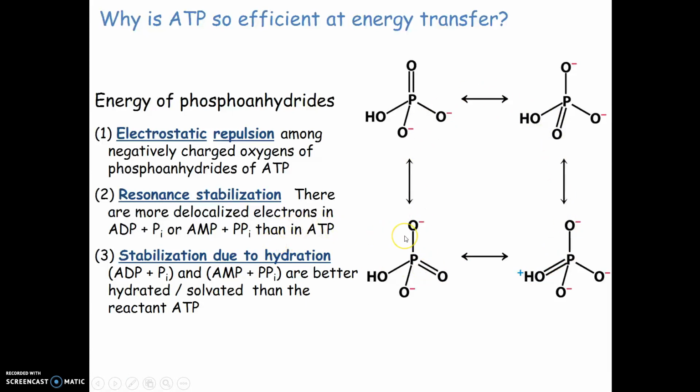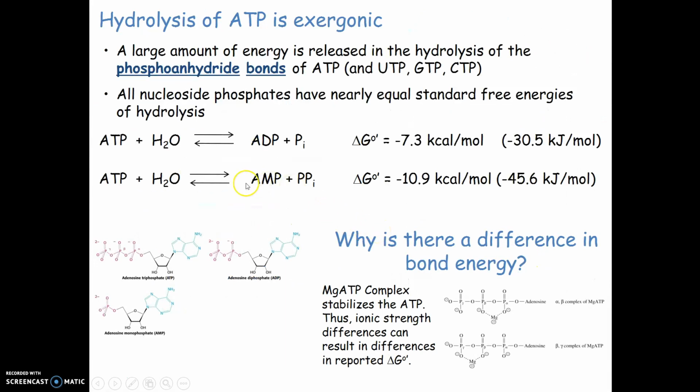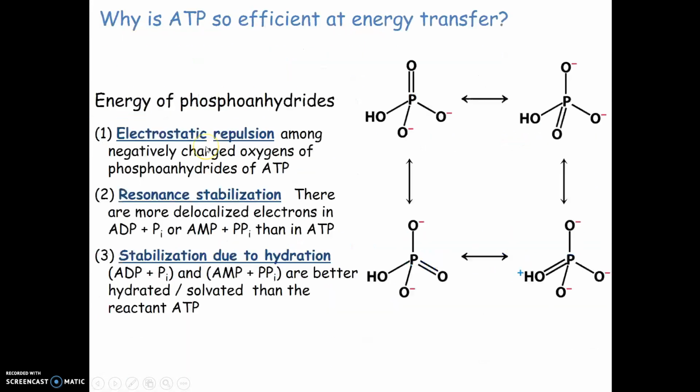And so we have lots of places for our electrons to be delocalized. And then finally, we have stabilization due to hydration. So it's much easier to have our phosphate groups be hydrated versus the overall ATP, okay? And because of these 3 reasons, that's why our products are lower in energy than our reactants, okay?